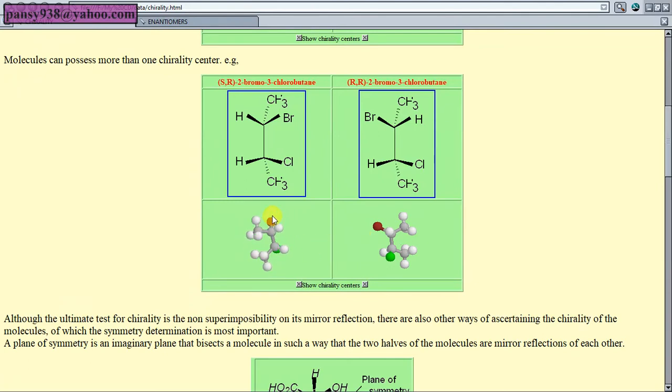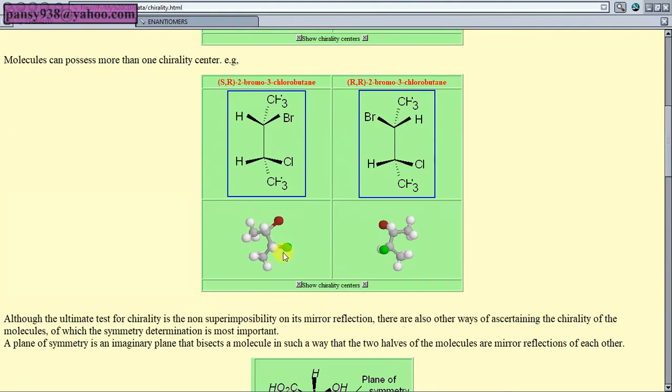You see that the upper part of this molecule, which contains the brown colored bromine, is a mirror image, but the lower case is not the mirror image.